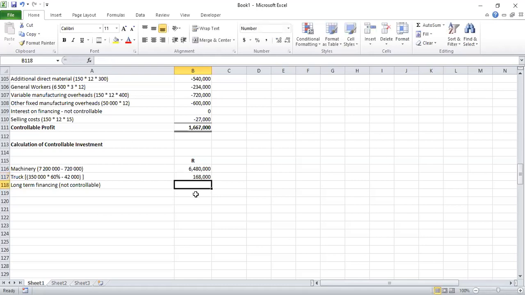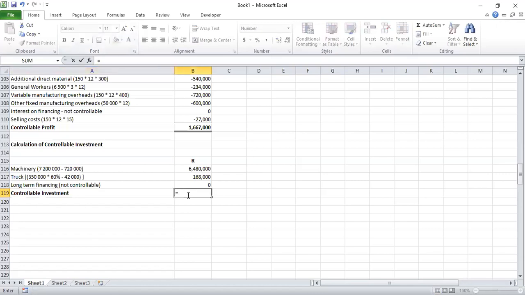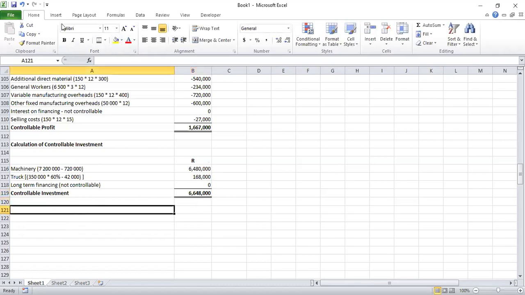Right. So the long-term finance will be zero. We don't have other assets. We weren't given any current assets or current liabilities. So we'll just get our controllable investment. Then our return on investment.